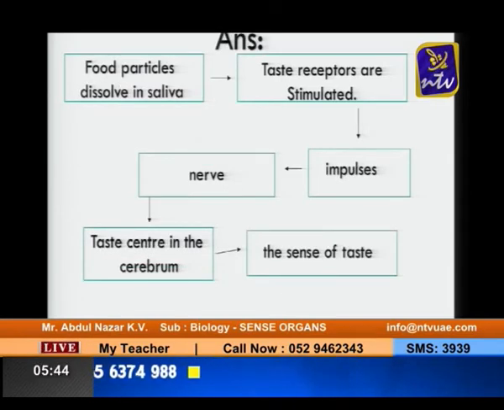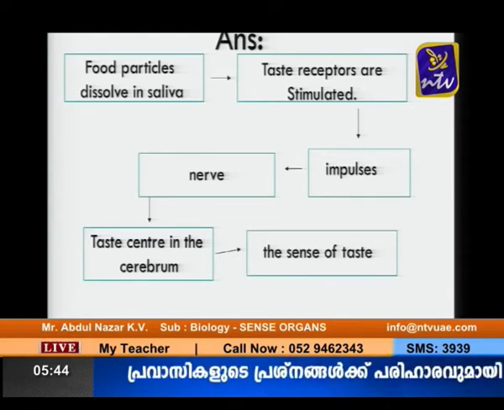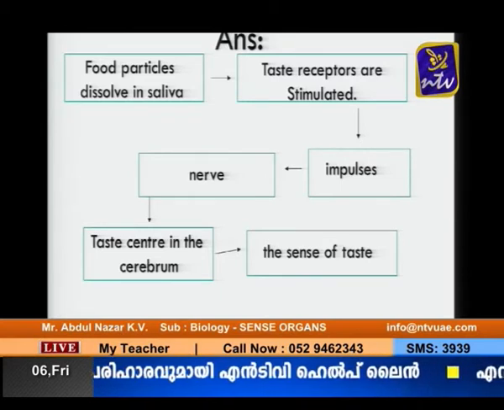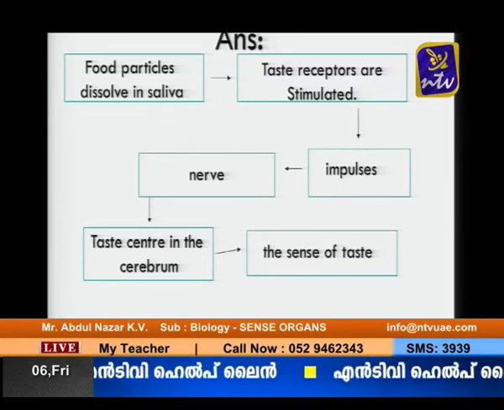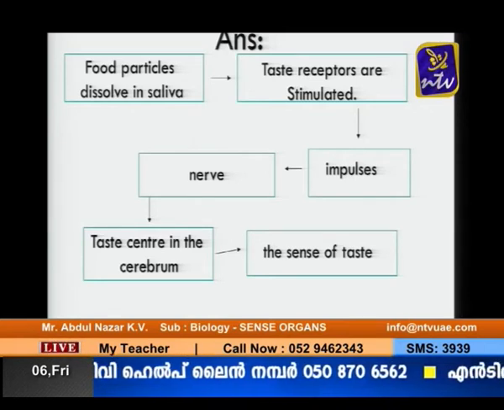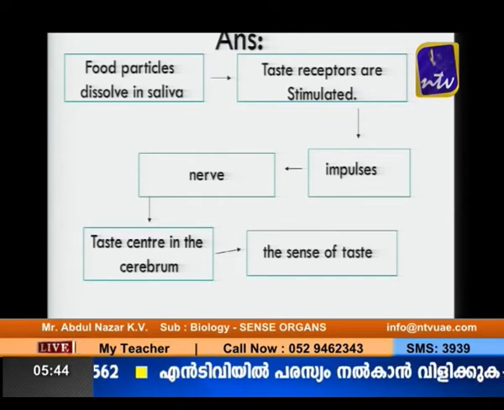The correct answer is food particles dissolve in saliva, taste receptors are stimulated, and this stimulus creates impulses, and these impulses are carried by the nerve to the taste center in the cerebrum, and with the interpretation of the taste center in the cerebrum, we are able to detect the taste.